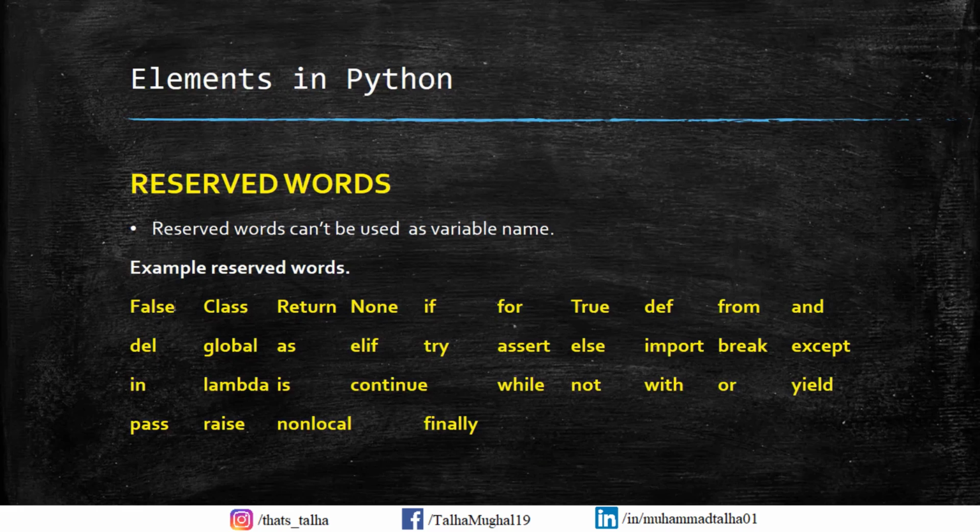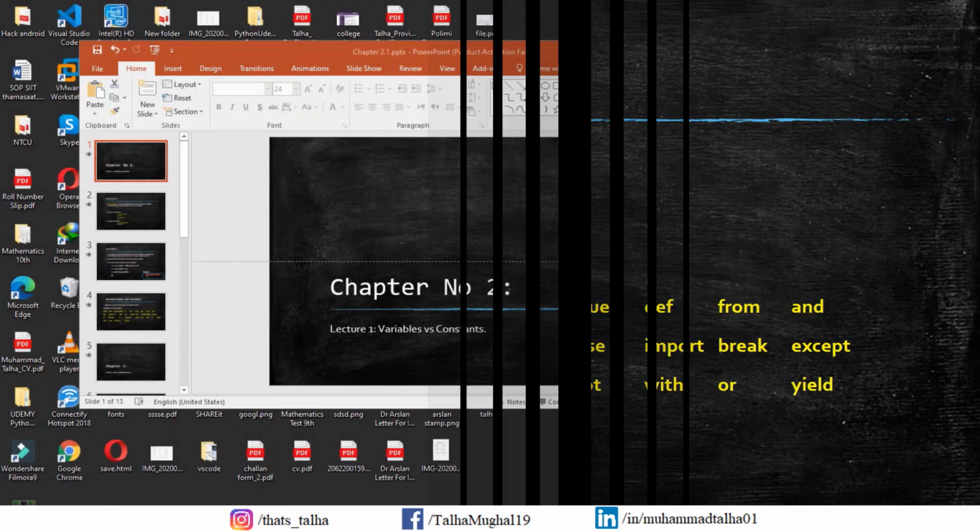For example, if is always used for conditional statements. We use for to write for loops. That's why these words cannot be used as variable names, because Python will not be able to differentiate these reserved words from variables. We will discuss variables in detail in chapter number 2.